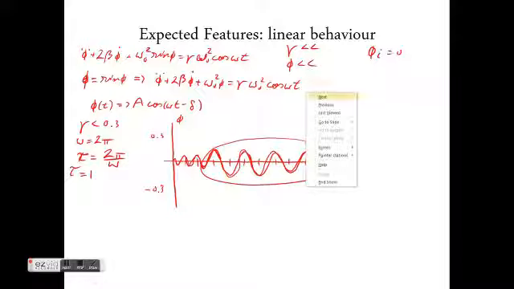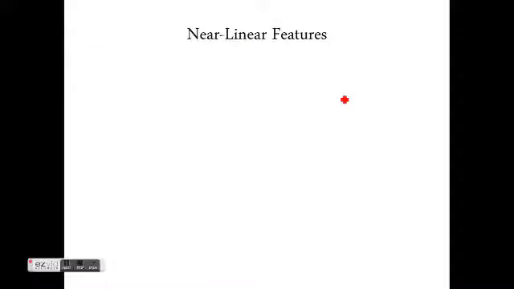We've studied those before. And so now we can look at near linear oscillations, near linear features of the damped driven pendulum. In this case, phi is still going to be small, but it's not going to be tiny. And our gamma is going to be small, but not tiny. It's still going to be less than 1 though, so it's still a small driving force.